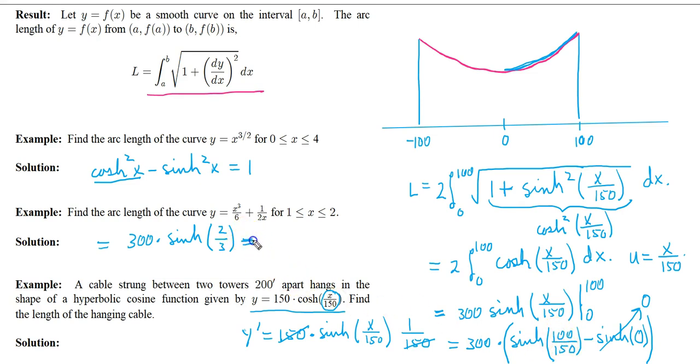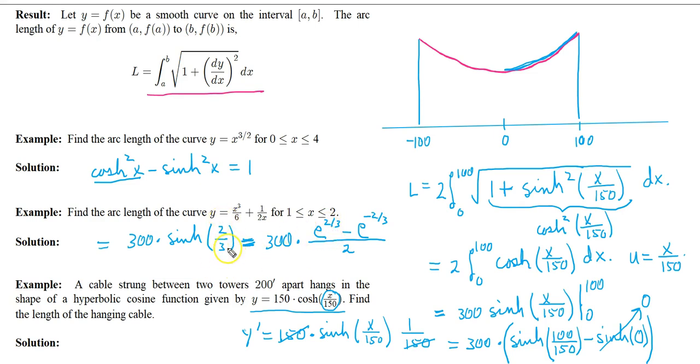And if you want to evaluate this and your calculator doesn't have a sinh function on it, you can just go back to the base definition for what the sinh is. So remember, sinh is e to the x minus e to the negative x over 2.